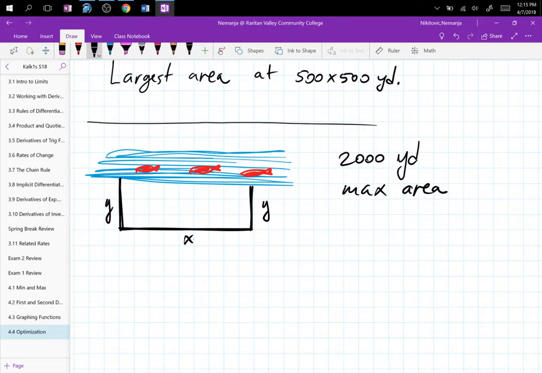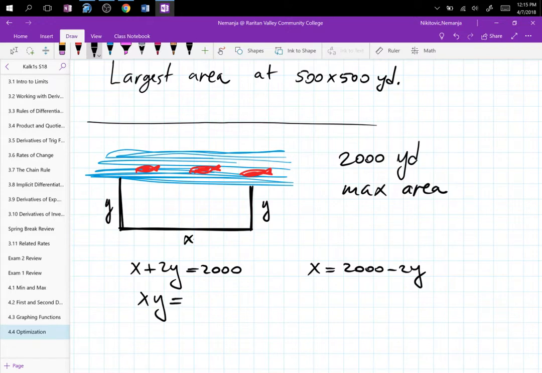And that's what's different. So just be careful. I have 1x plus 2y equals 2,000. X equals 2,000 minus 2y. It doesn't matter which number you solve for first. If I solve for y, in this case, I'll end up with fractions. So I'm not going to do that, okay?